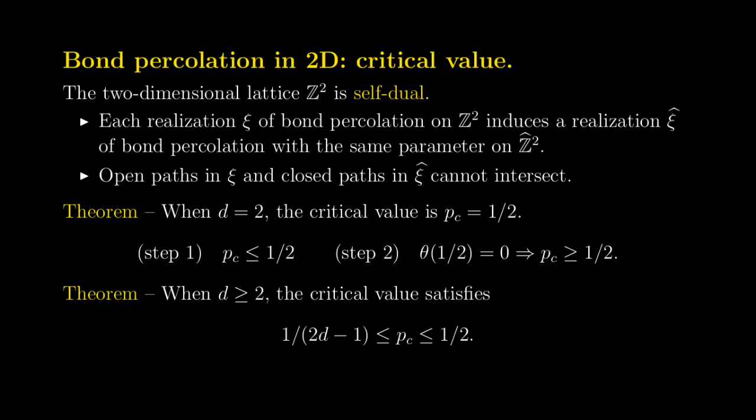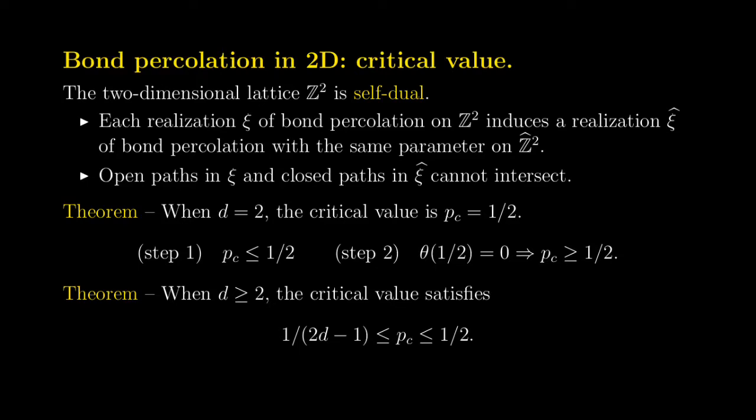So we have 2 different bond percolation processes defined on 2 different graphs that are isomorphic, but the 2 processes still have the same parameter P. Also, another important property to keep in mind is that the coupling is such that open paths in one process cannot intersect closed paths in the other process.